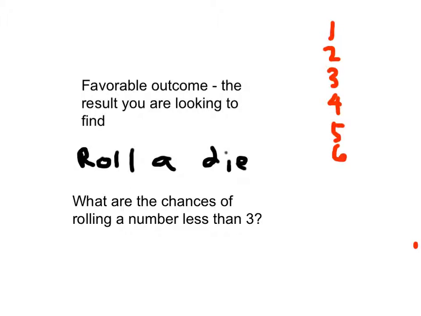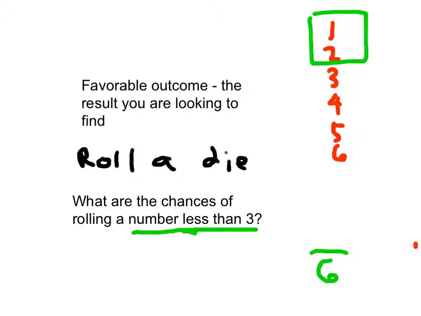Our only favorable outcomes are 1 and 2, because those are the numbers less than 3. So our denominator is going to be the total number of sides of that die, or 6, and the chances of rolling a number less than 3 is 2 out of 6.